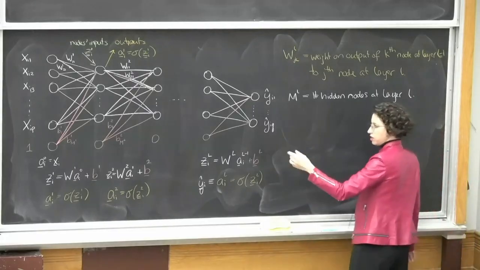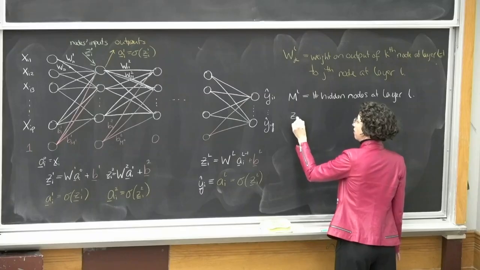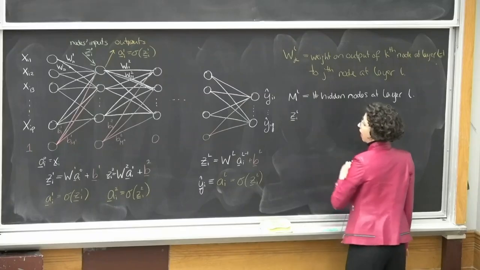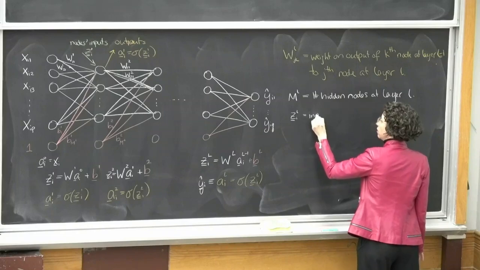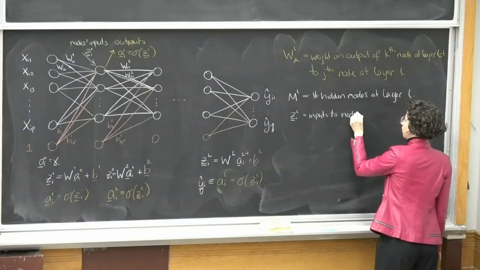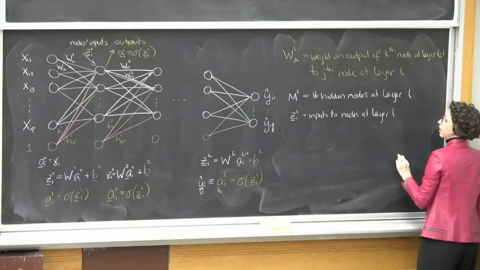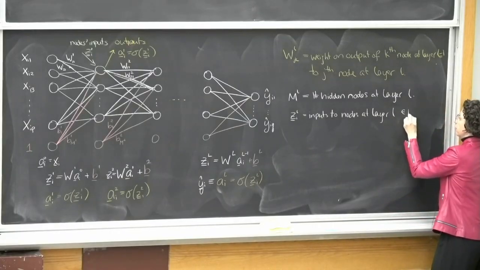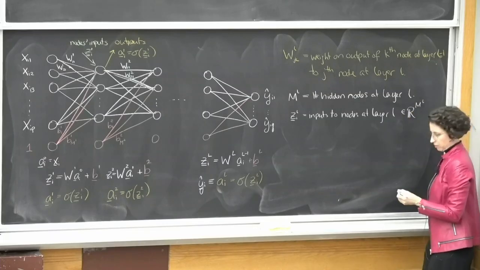And so now, within this framework, at each layer, we are going to have Z_i^L, and this is the set of inputs to the nodes at layer L. And so this is a vector of dimension M_L.